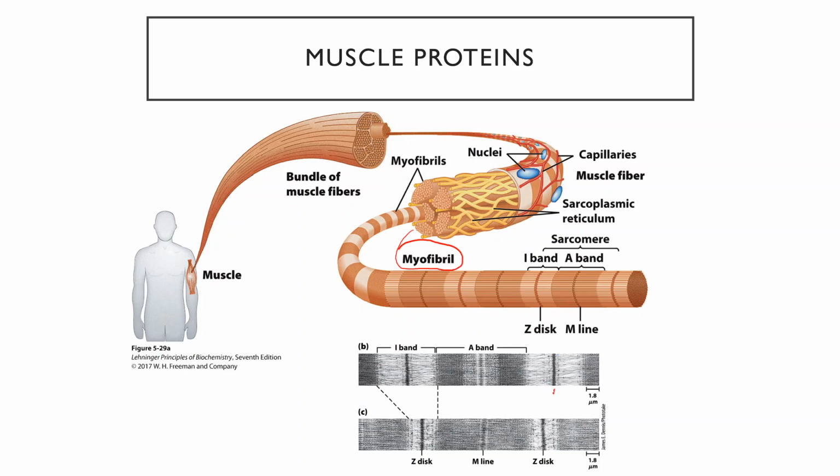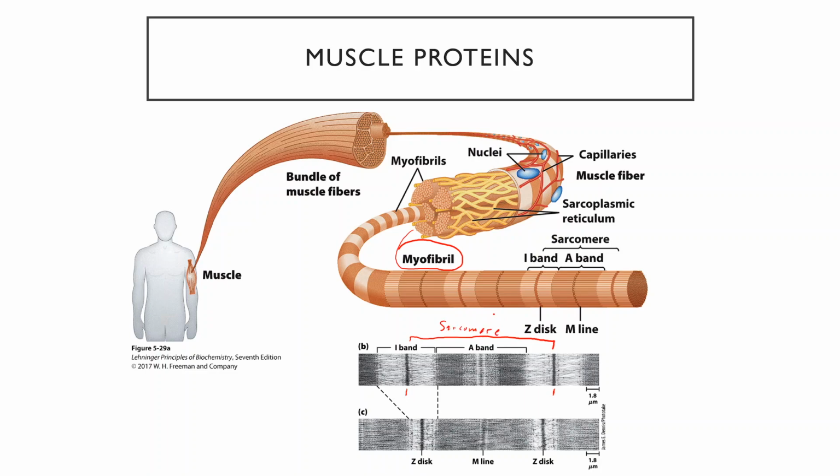So this is a Z disc, and this is a Z disc, and each segment between those Z discs includes the middle of the Z disc, which is the middle of this region called an I band, and then in between each Z disc, you have this bigger region called an A band. But those together, from one Z disc to another, we call a sarcomere.